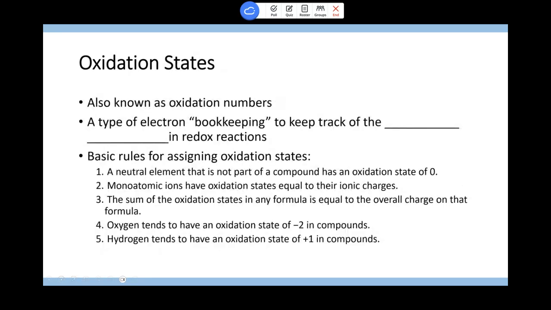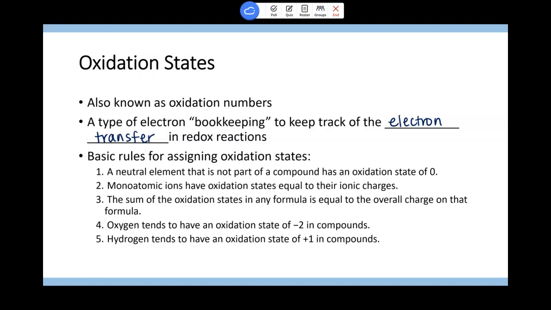So oxidation states, which are also known as oxidation numbers, are a type of electron bookkeeping, a system to keep track of the electron transfer in redox reactions.